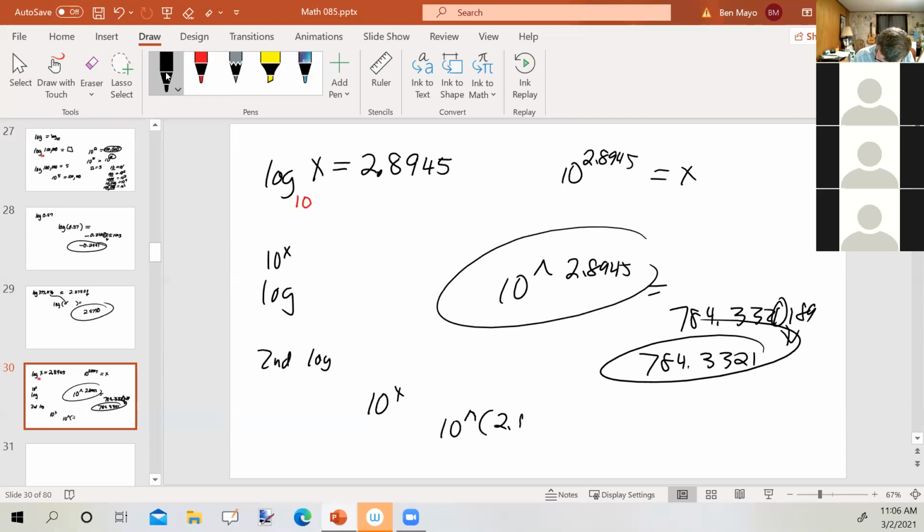Then I could put in 2.8945 and close it up, and I get the same answer I got that way. So it's just a matter of how you want to do it. Okay. Any questions there?